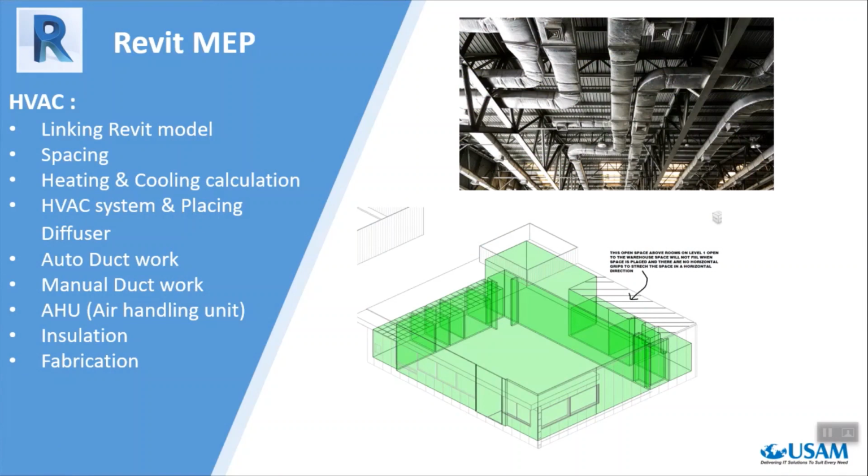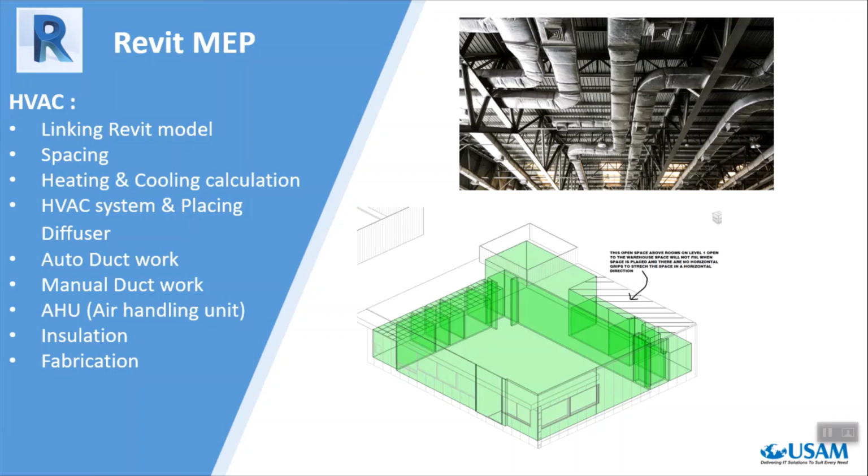This is the workflow, a step by step list of points. It is a simple workflow for the HVAC part. First, we have to link the Revit model, that is the architectural model. In that model we require wall finishes, floor finishes, ceiling, and roof.